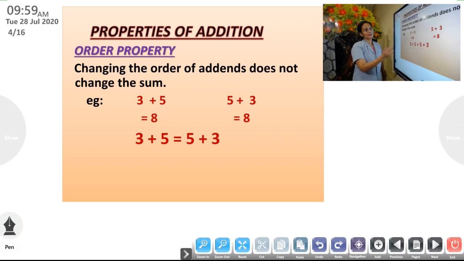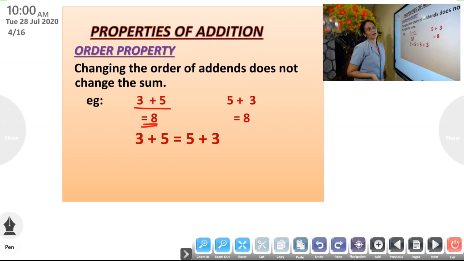Example, 3 plus 5. I have written here 3 plus 5. And what is 3 plus 5? You keep 3 in your mind. Add 5 to 3. 4, 5, 6, 7, 8. So 3 plus 5 you are getting 8.